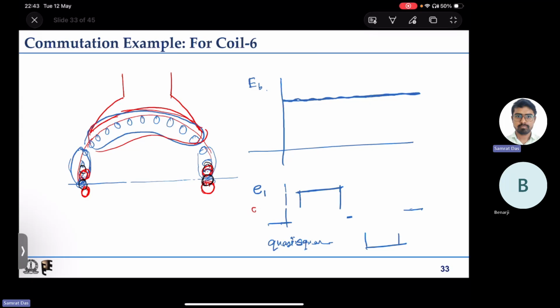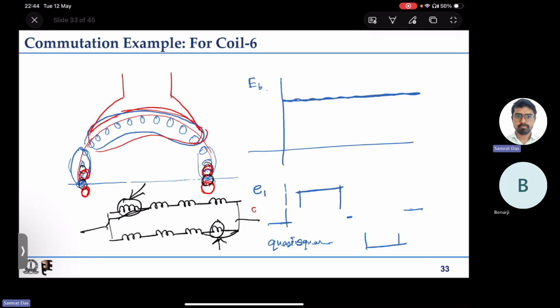Earlier, say four of them were coming in series and contributing. Now, due to commutation, two do not come, so these are shorted, and only three contribute. But if the induced EMF because of the shorted coil was already small, then it does not make any significant difference.